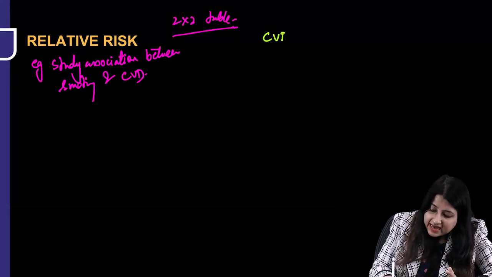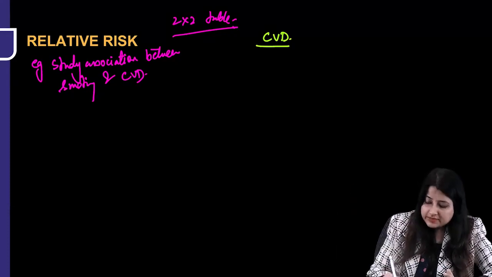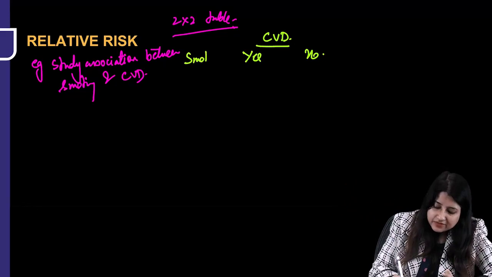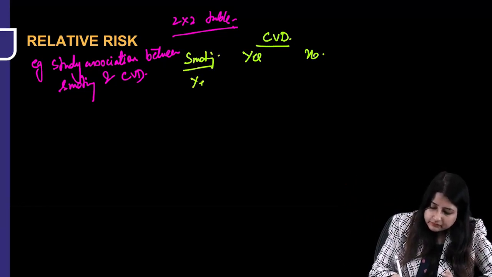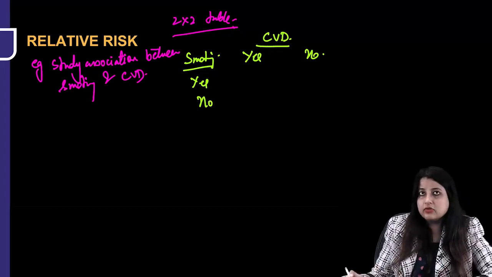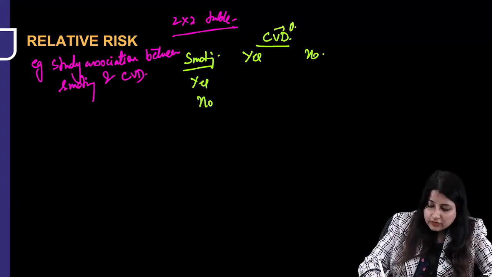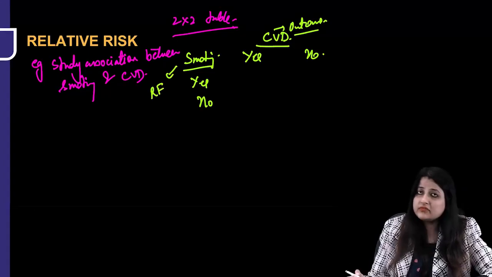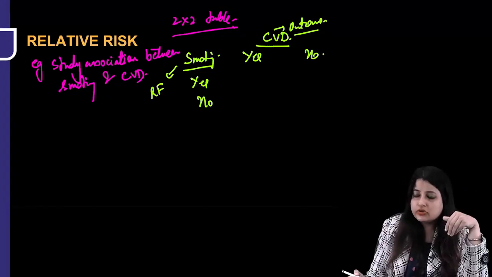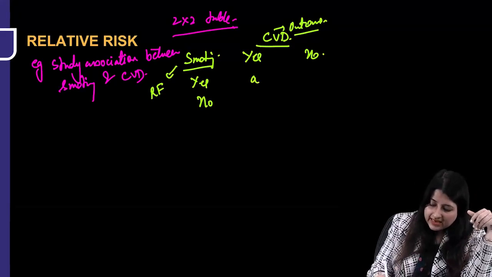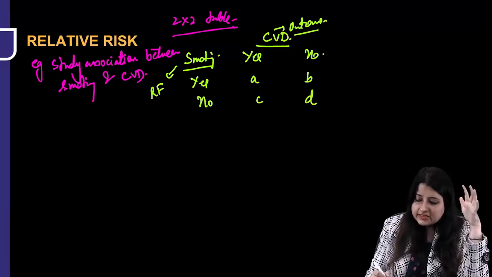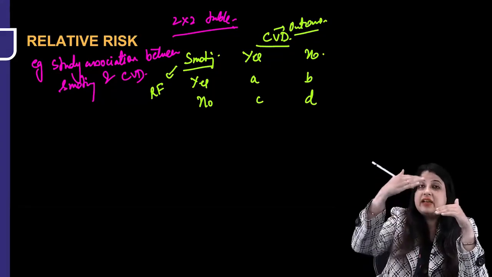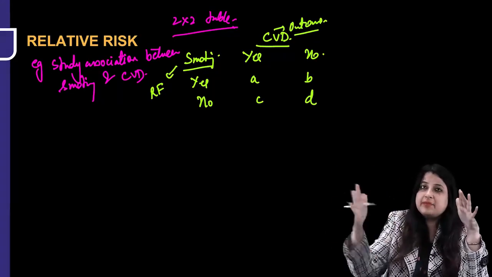So always the outcome will come on the column side: CVD, yes, no. And here we have smoking, yes, no. So the outcome is always on the column side and the risk factor or exposure always on the row side. So this is A, B, C, D. Always remember it goes row wise: A, B, C, D. Never write A, C, B, D. That's wrong.